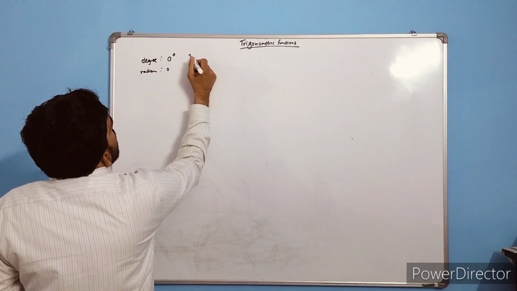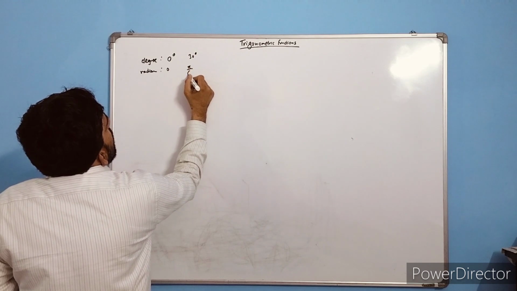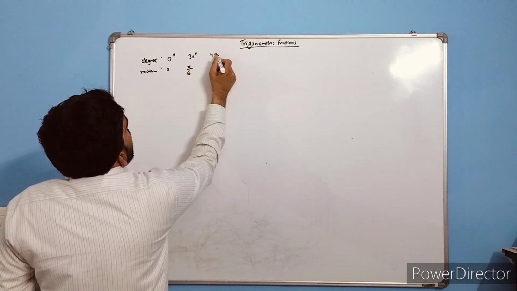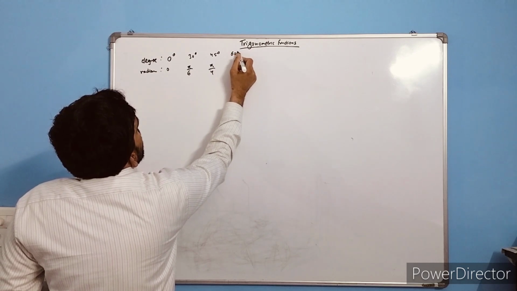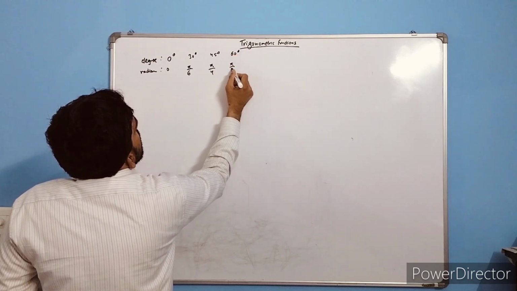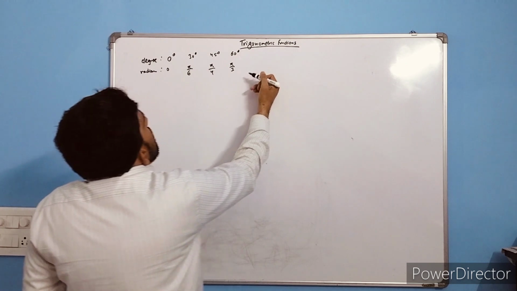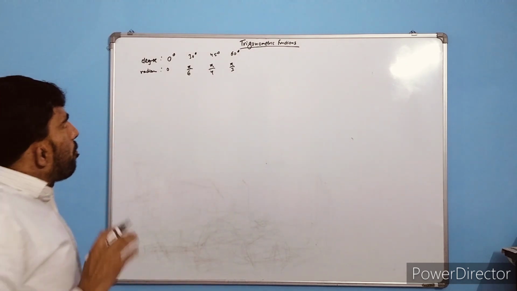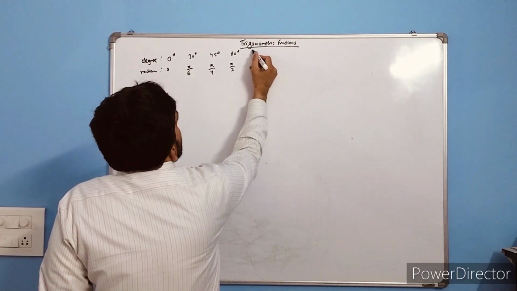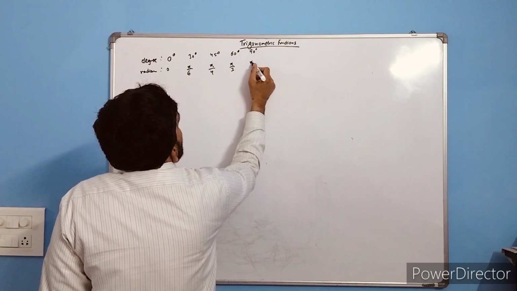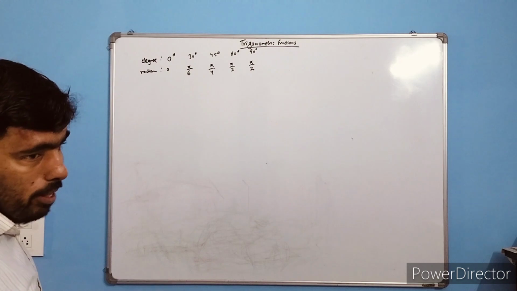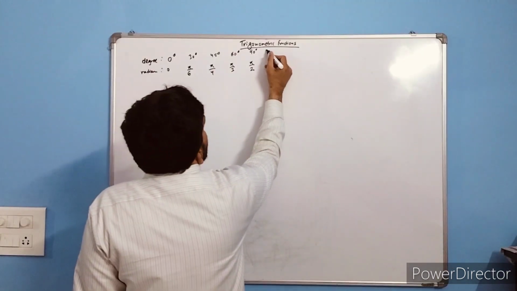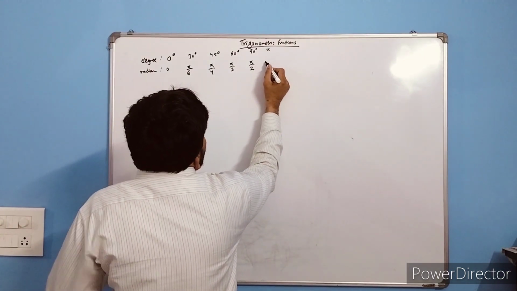Like 30 degree will be pi upon 6, 45 degree will be pi upon 4, 60 degree we have pi upon 3. Now further we move to 90 degree, which will be pi upon 2.